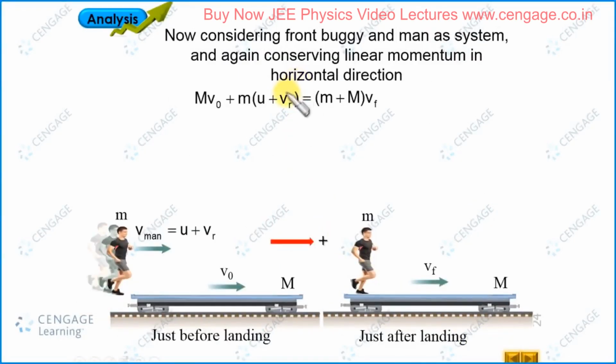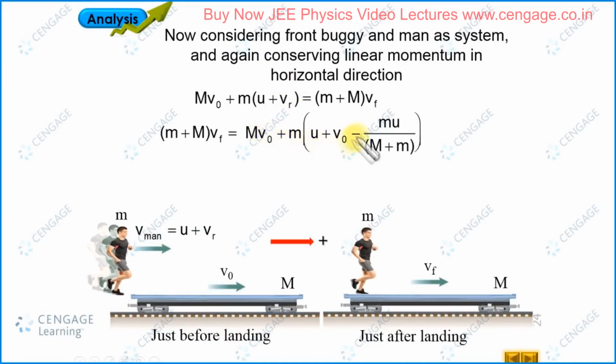So here we can substitute the value of Vr, right? This is the value of Vr. Now from this equation we can find the velocity of the front buggy. If we solve this equation, we will find the velocity of the front buggy equal to V naught plus m capital M small m u divided by capital M plus small m whole square.